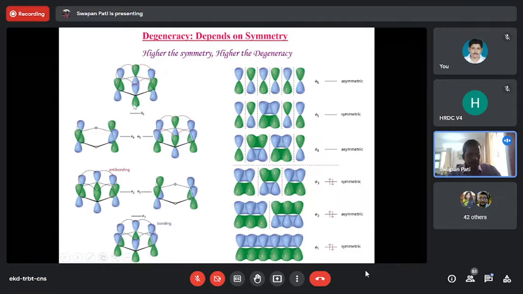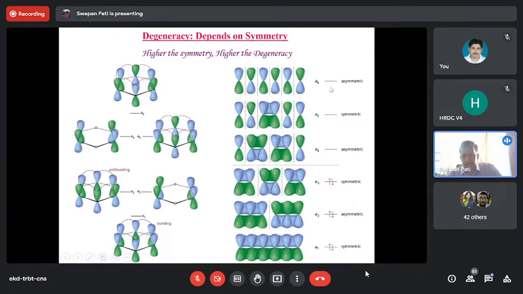This is a four-membered ring, or this is done as a six-membered ring. For example, the chain of hexatriene. So you have six orbitals, and there is no more degeneracy: three bonding and three anti-bonding molecular orbitals for hexatriene.